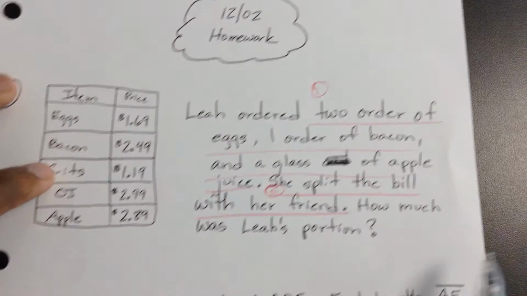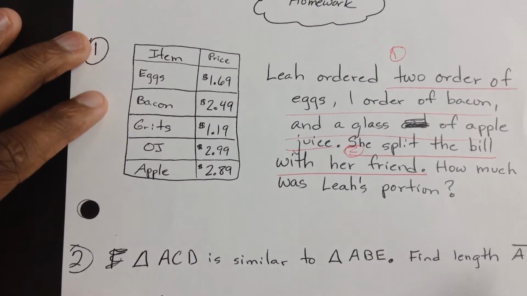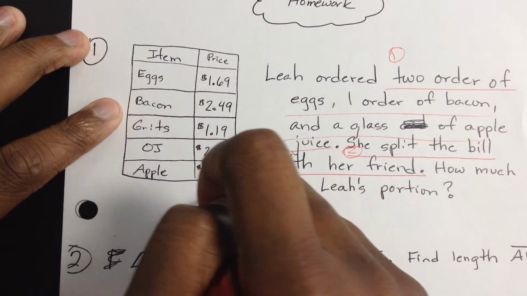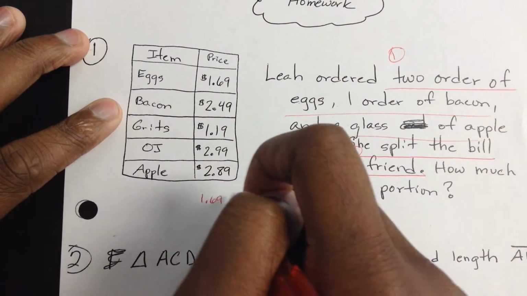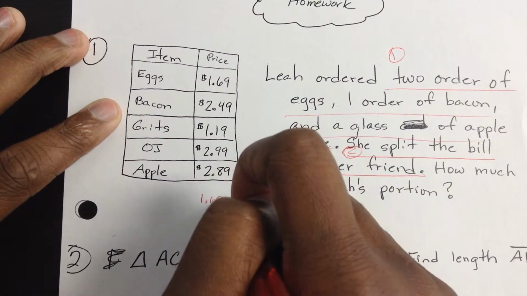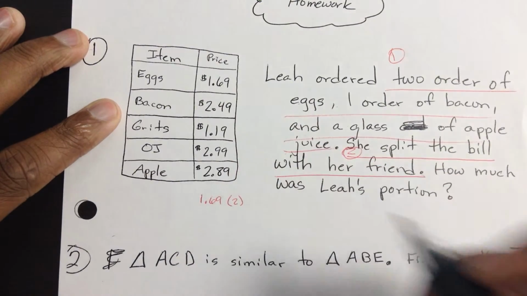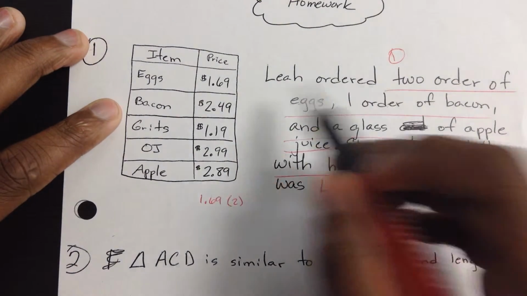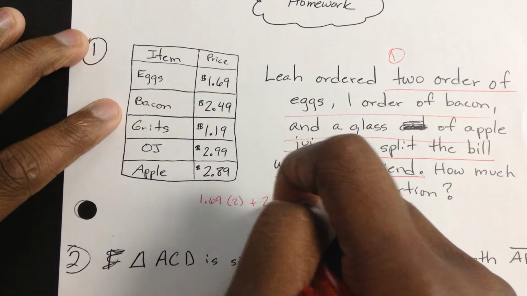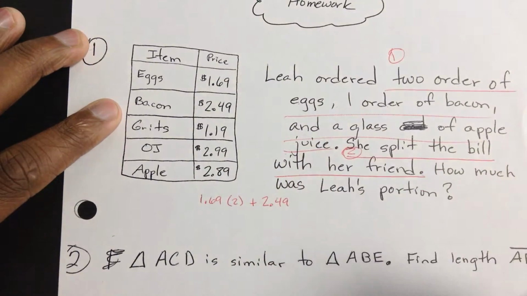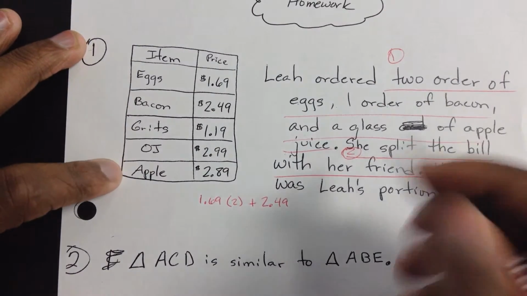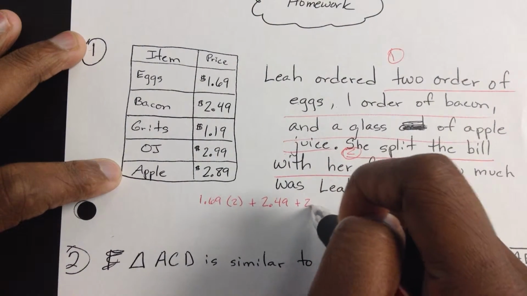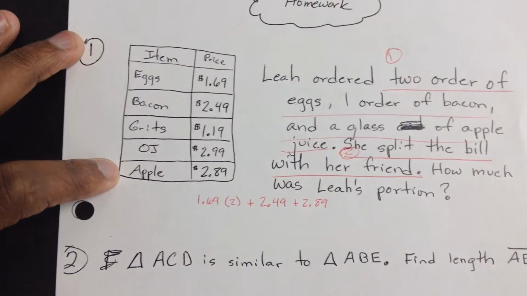So 2 orders of eggs. I look at this problem. I have $1.69. I'm going to have to add it 2 times or multiply it by 2. I then have an order of bacon, so I'm going to add $2.49. She had a glass of apple juice, which is also $2.89.